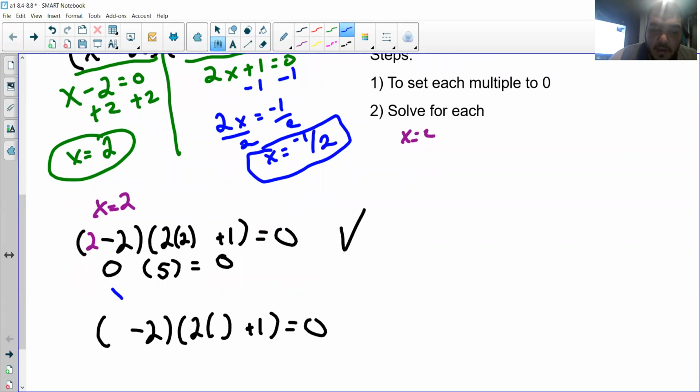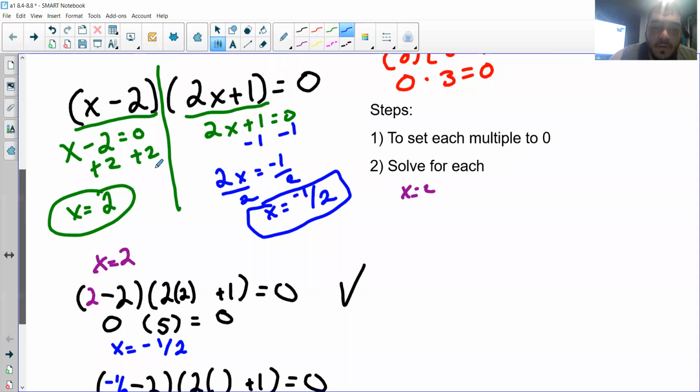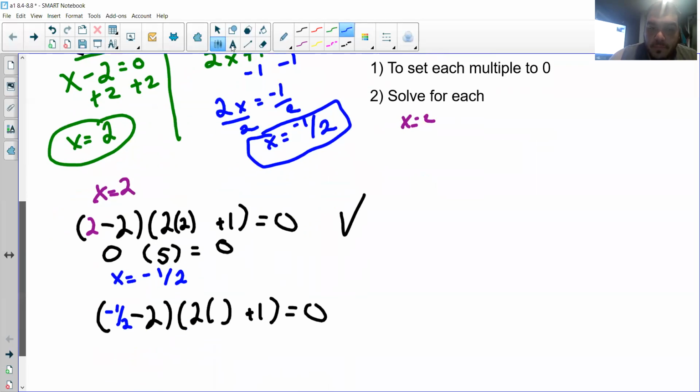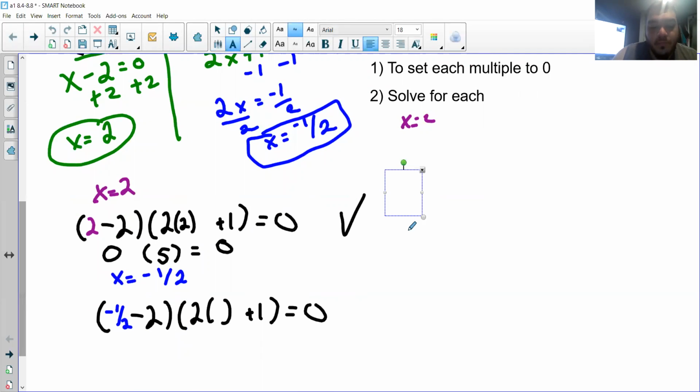The second one, I'll plug in x equals negative 1/2. What was the original equation? The original equation was this one, x minus 2 times 2x plus 1 equals 0. How does 5 equal 0 though?